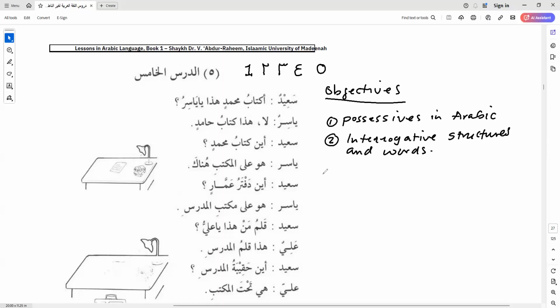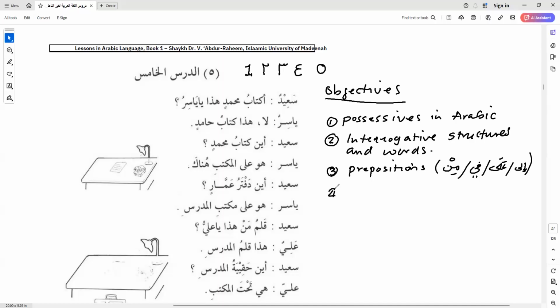And then we're going to practice more on prepositions, those that we've learned so far. If you remember, we learned ila, to, and then we learned ala, on, and then we learned fi, in, and then we learned min, from. So these are the prepositions that we've learned so far, and we're going to go through them.